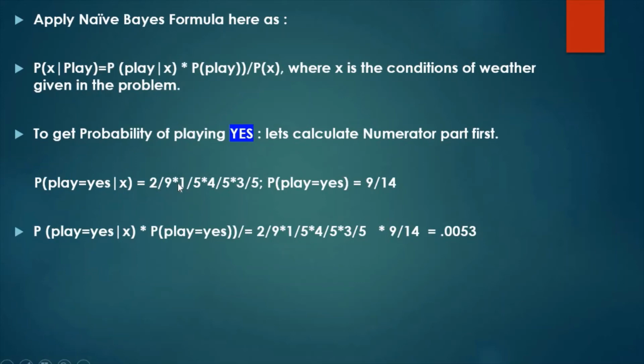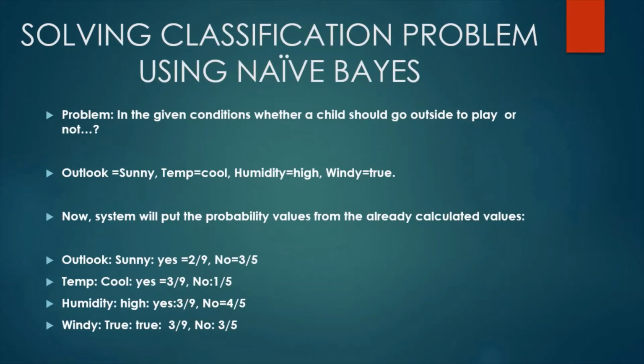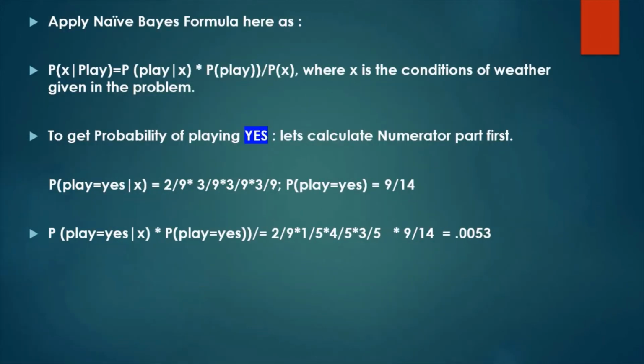This is the probability of yes in the particular condition, when outlook is sunny and playing is yes, temperature cool, playing yes, humidity high, playing yes, windy true, playing yes.